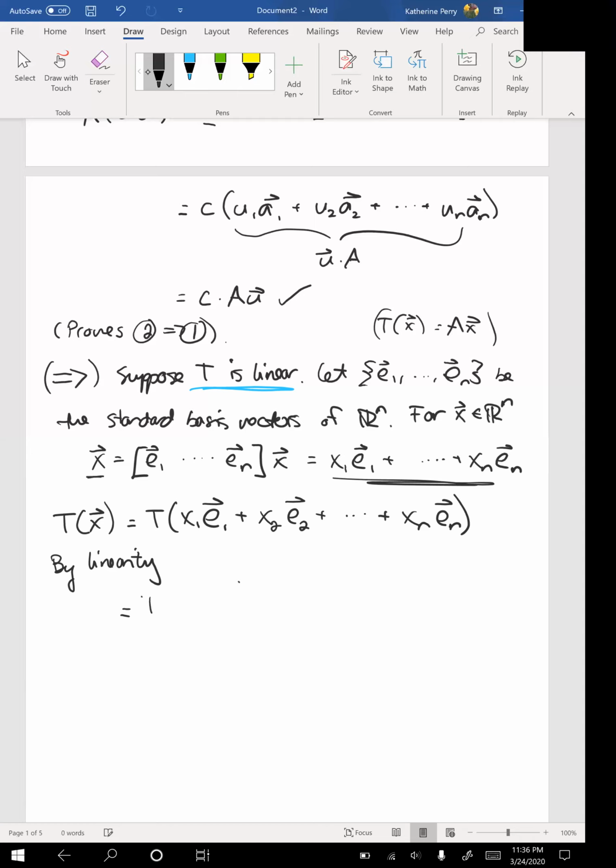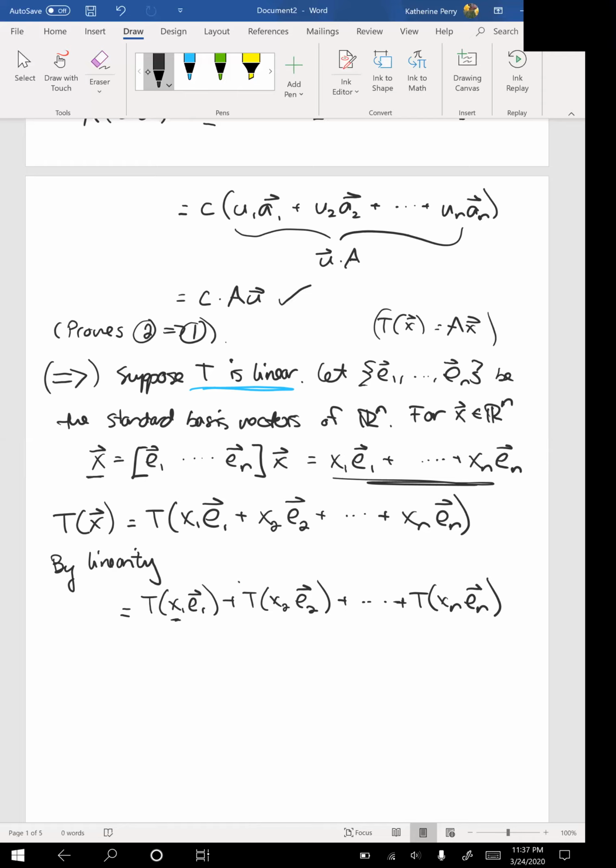So I'll write that T of x1 e1 plus T of x2 e2 plus T of xn en.